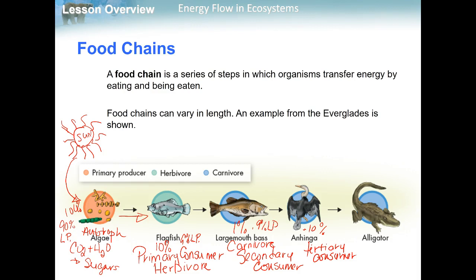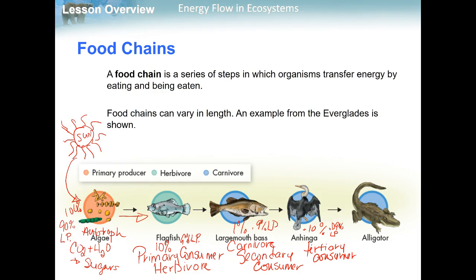Okay, so when this alligator, which is another carnivore, eats the bird, oh, let's go back, I missed this. About 0.09% of the energy of that 0.10% goes to the life processes of that bird.